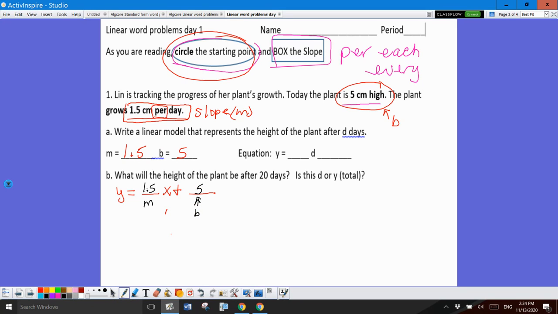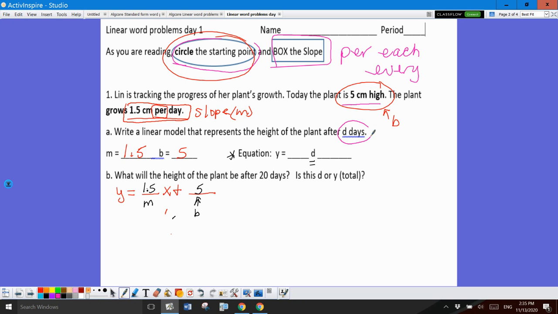Now, you'll see over here that they have this extra thing called equation, and all of a sudden, there is this letter D in here. Well, let's read what's above it. It says, write a linear model that represents the height of the plant after D days.